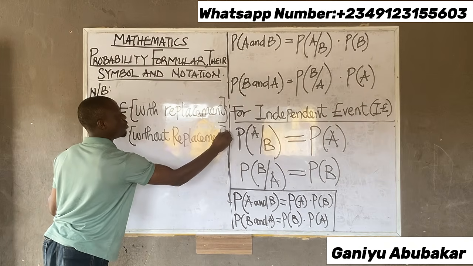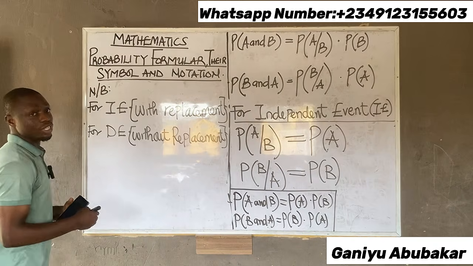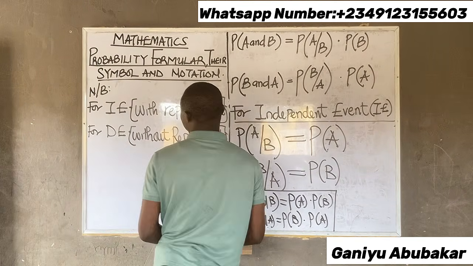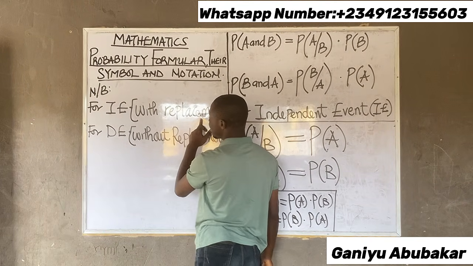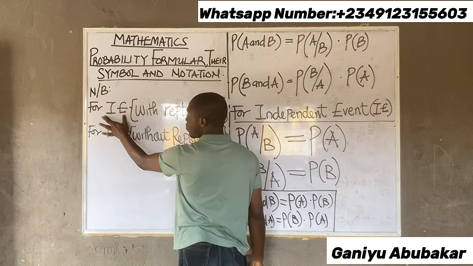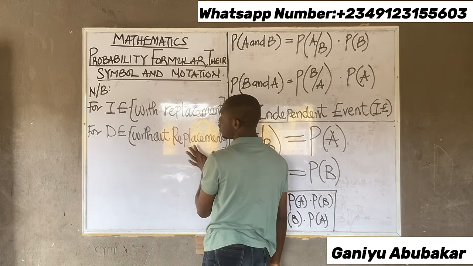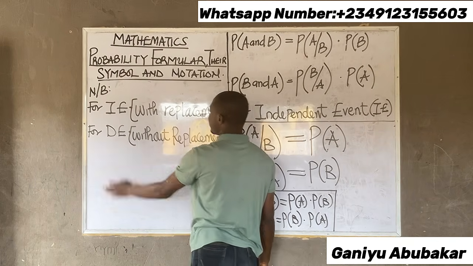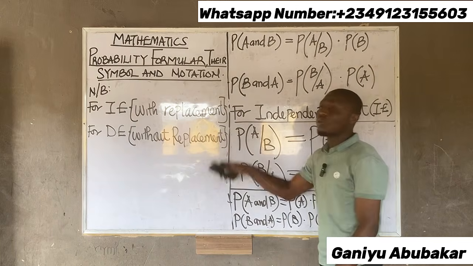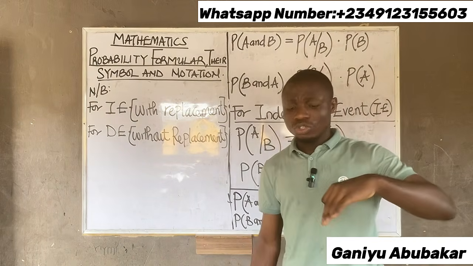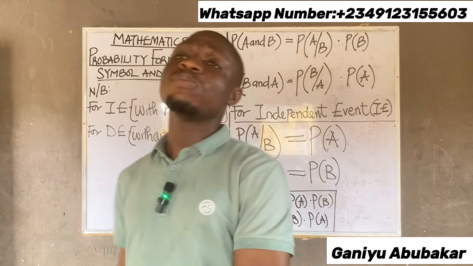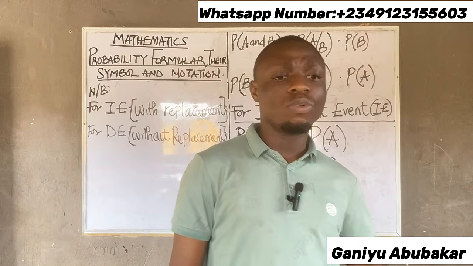Don't worry, in our next video we'll do examples on this. So when you hear with replacement, it has to do with independent events. When you hear without replacement, that's the dependent events. These are the two key words to watch out for, to be able to categorize whether it's dependent or independent.